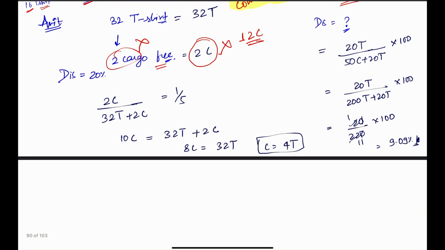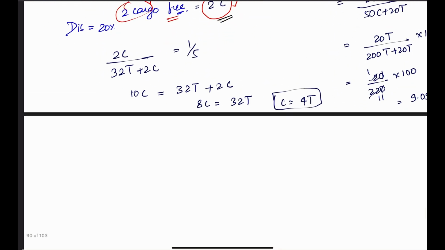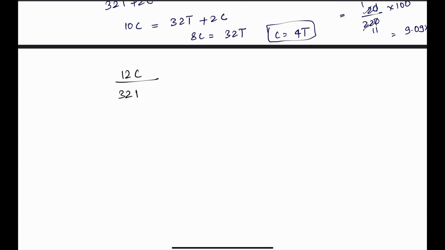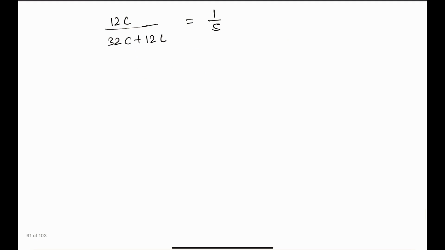So let's try to solve from where we left off, where we made the mistake, where it should be 12. So 12c upon 32t plus 12c equal to 1 by 5. So it will be 60c equal to 32t plus 12c, 48c equal to 32t.